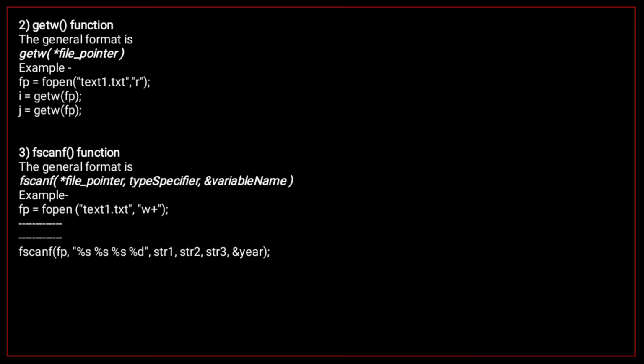Now this is the example: fp = fopen("text1.txt", "w+"); and use this function fscanf(fp, "%s %s %s %d", str1, str2, str3, &year); This is the use of the fscanf function.